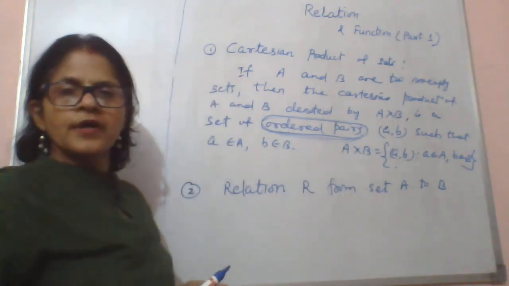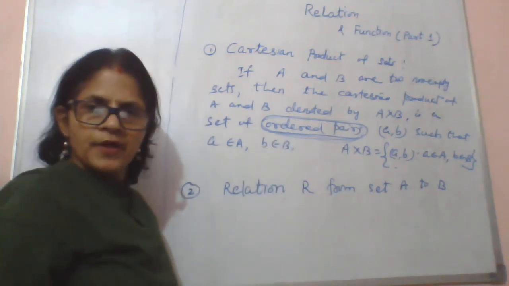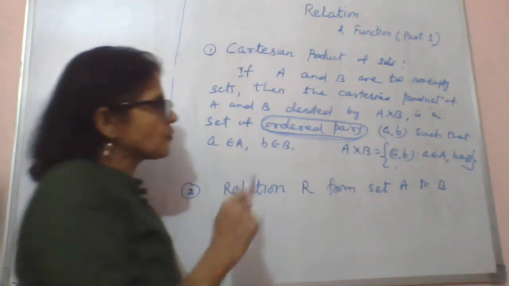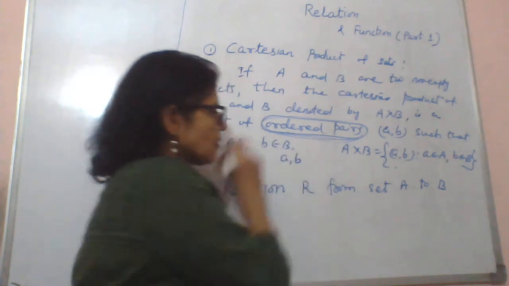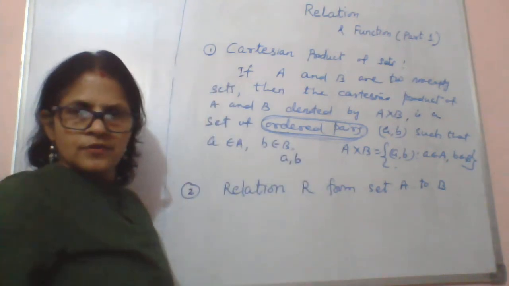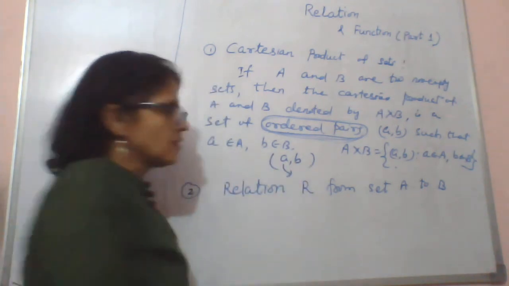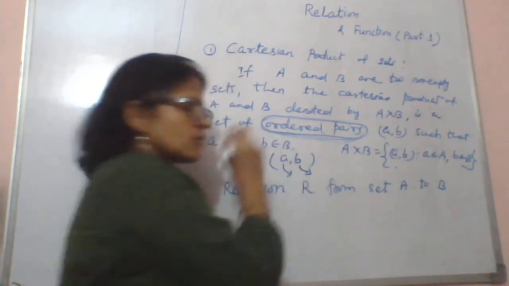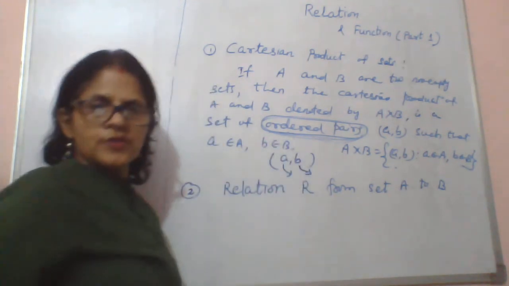So ordered pairs means what? So the name suggests, ordered pairs means pairs are in order, right? So pairs are in order means, like here you see, this is a pair of terms, okay, (a, b). So a is your first component, b is the second component. So it means they cannot be interchanged.